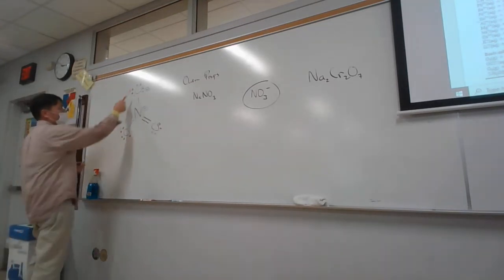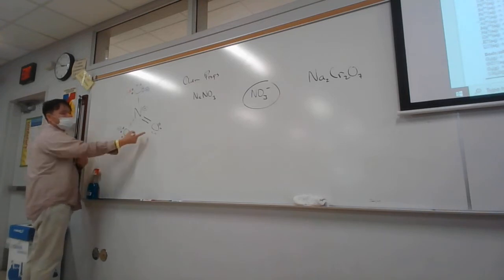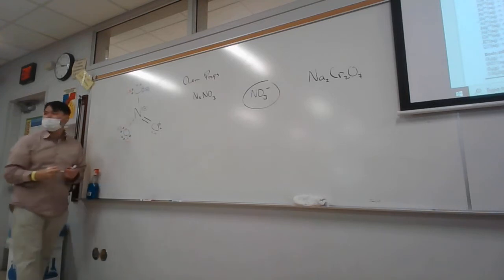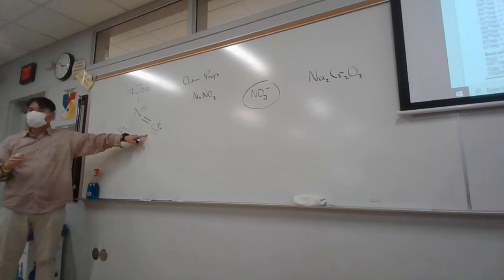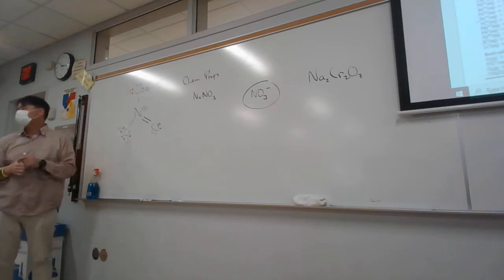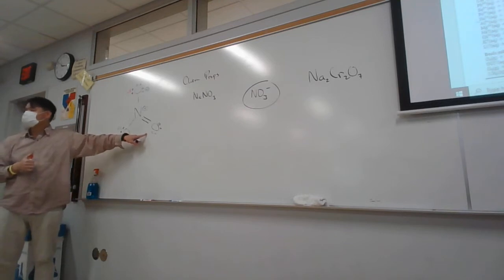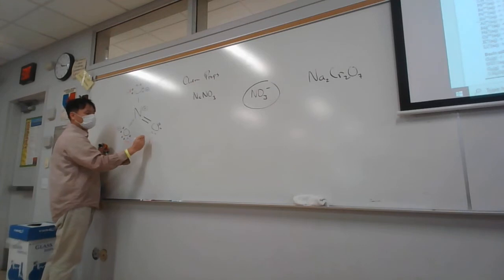This oxygen is the same as this, and so this would be -2. This oxygen, though, is different. What's the oxidation state on this oxygen? It's different in terms of formal charge, but is it different in terms of oxidation state? No. So what is the oxidation state here? -2.